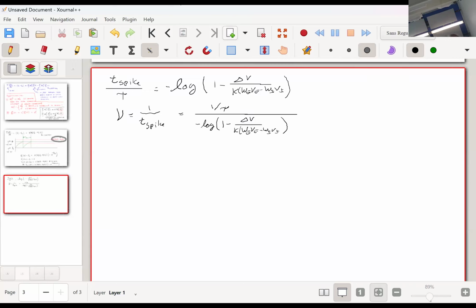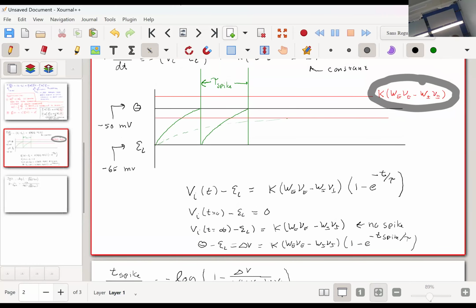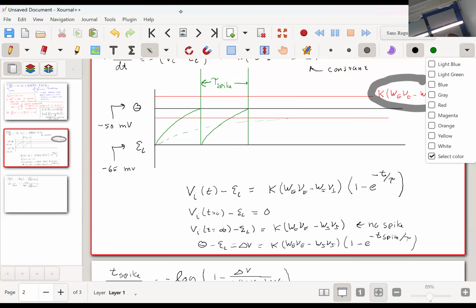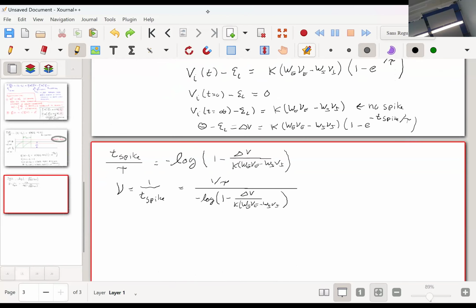So first of all, as we saw earlier, this distance here is delta V, the distance between threshold and resting membrane potential, and we need K W_E nu_E to be larger than delta V. Okay, and we see this in our equation.